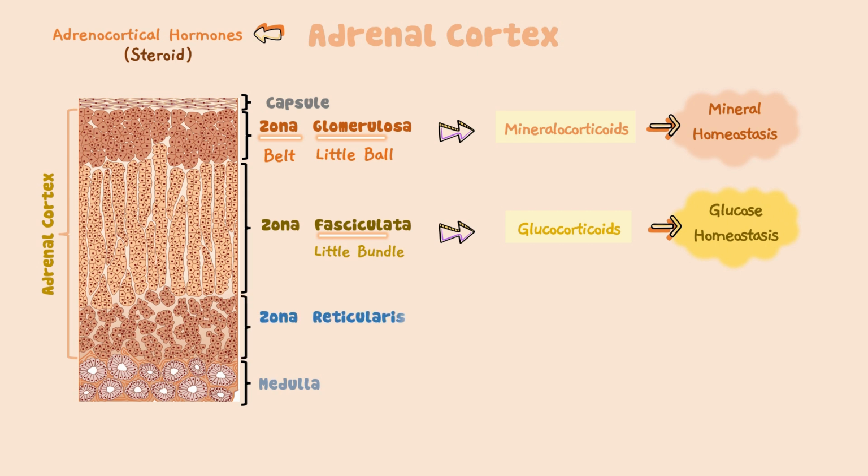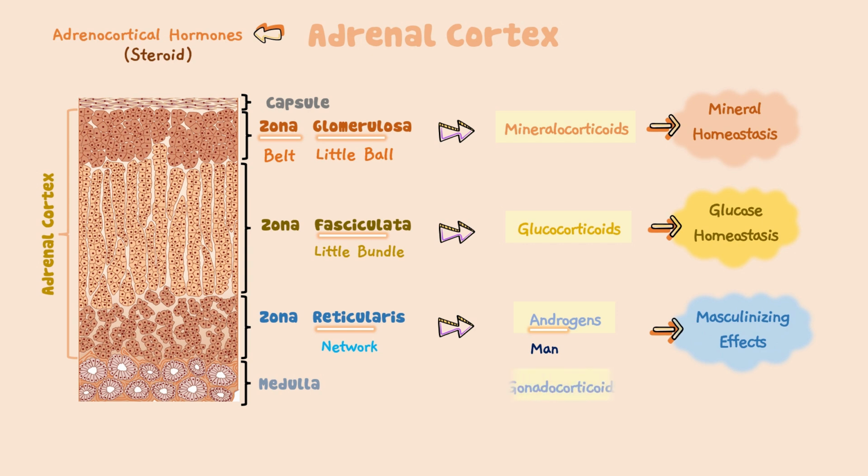Next comes the inner zone, known as the zona reticularis, where the word reticle is from network. As cells of zona reticularis are arranged in branching cords, they secrete hormones named androgens, where the word andro is from a man, thus clearly indicating these steroid hormones have masculinizing effects.